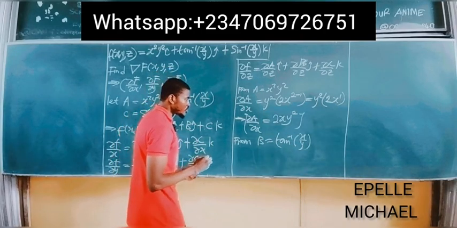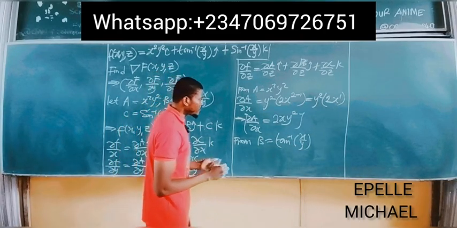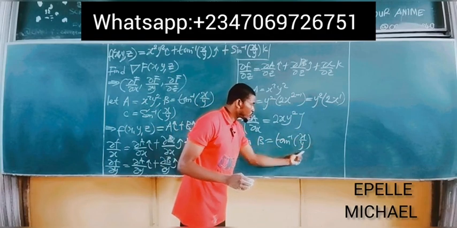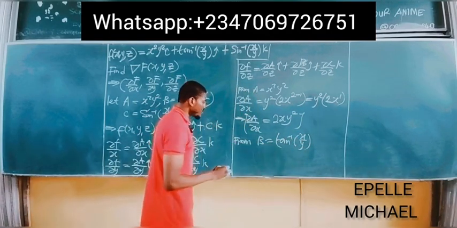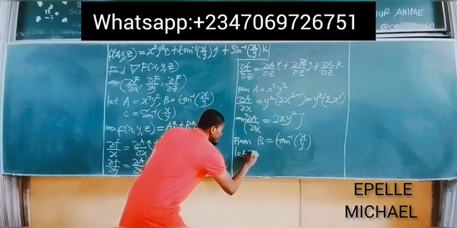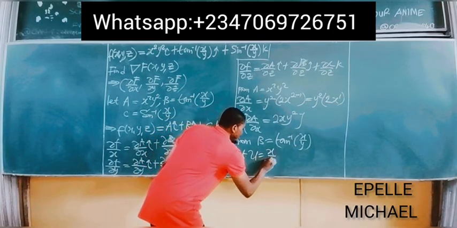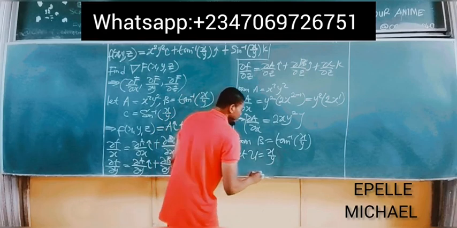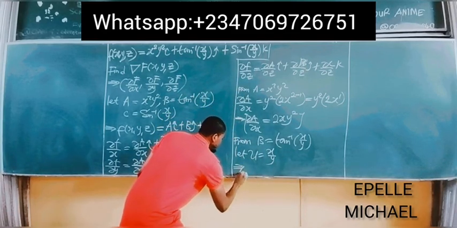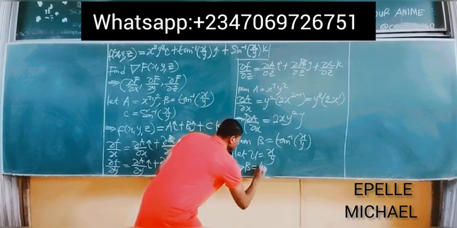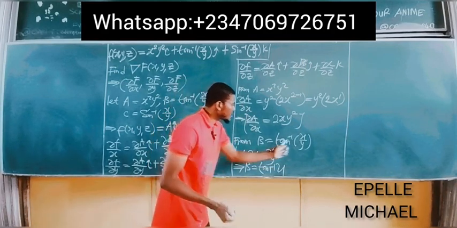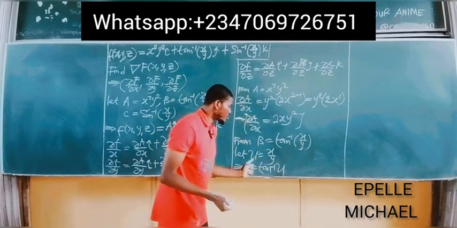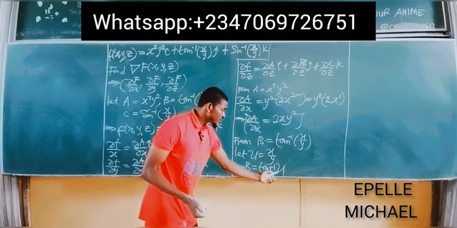The first thing I'll do, just like in the previous video, is attach a single variable to what is in front of the trig function, x over y. So I'll say let u be equal to x over y. This now implies that b itself is tan inverse of u, because I'm saying the whole of this angle x over y should be called u. So it becomes tan inverse of u.